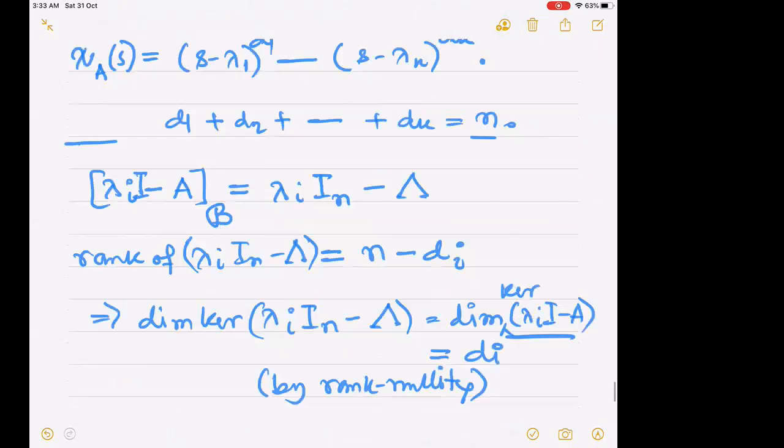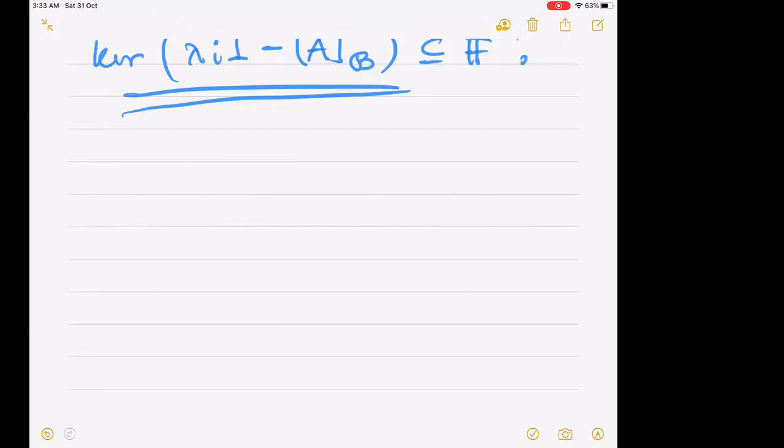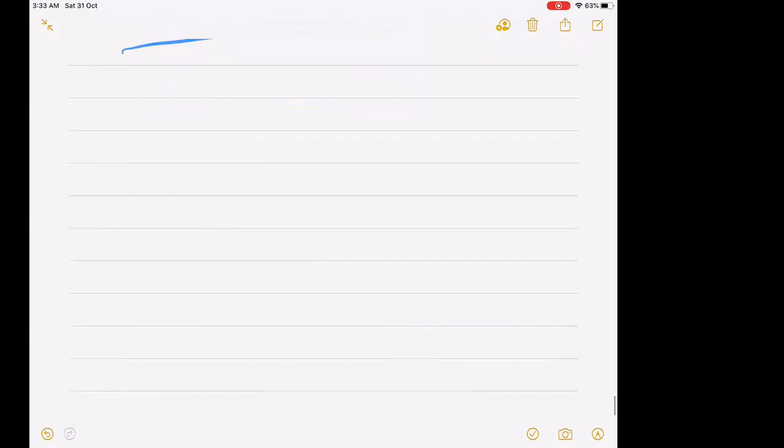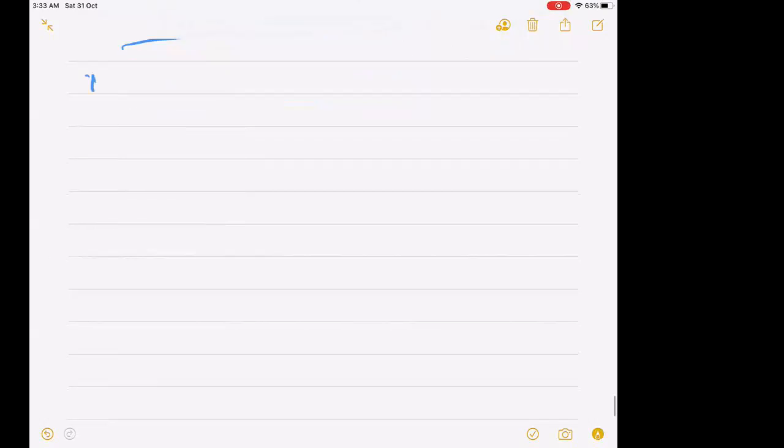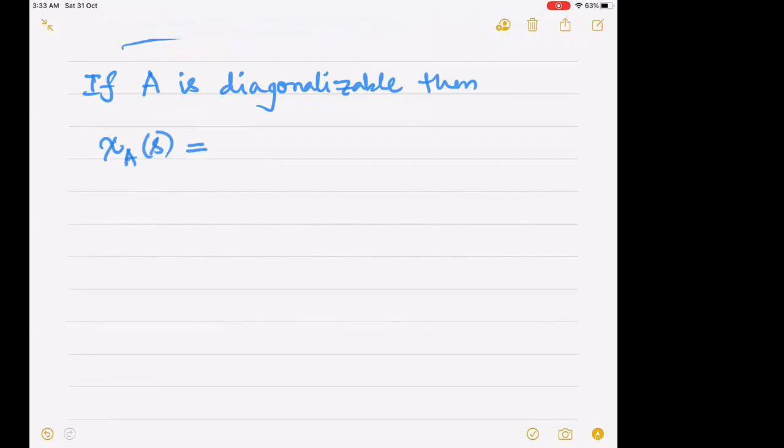Well, so with that, it then follows that, let me write this statement. If A is indeed diagonalizable, then chi A of s has the form (s minus lambda 1) to the power d1 dot dot dot up to (s minus lambda k) to the power dk, where lambda i is not equal to lambda j if i is not j.